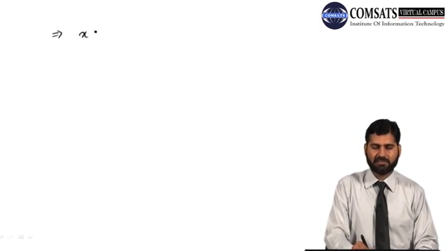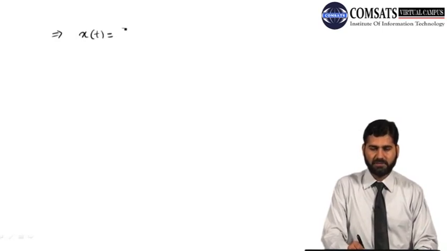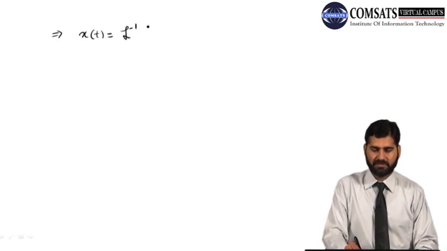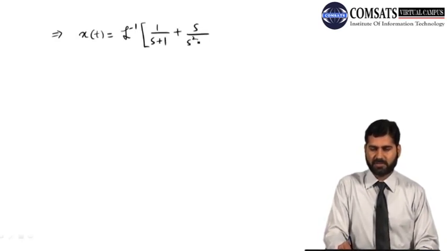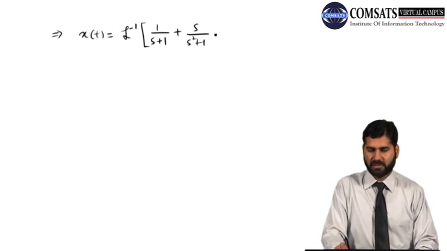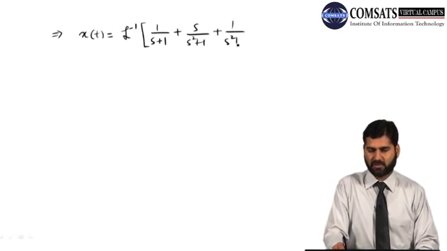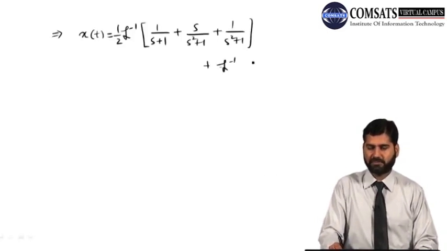This implies small x of t will be equal to the Laplace inverse of this whole thing: 1 over s plus 1 plus s over s squared plus 1 plus 1 over s squared plus 1, and 1/2 outside, and then the Laplace inverse of 1 over (s squared plus 1) squared.